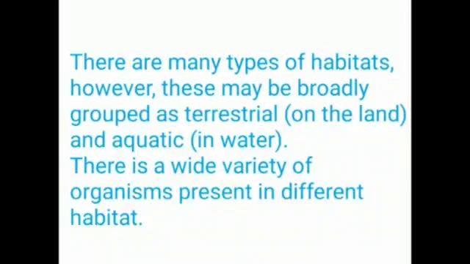And in water, in aquatic habitat also, different plants and animals are there. In the sea, the marine habitat, different types of plants and animals are there. In a lake, different types of plants and animals are there. So there are many types of habitats, however these may be broadly grouped as terrestrial habitat and aquatic habitat.